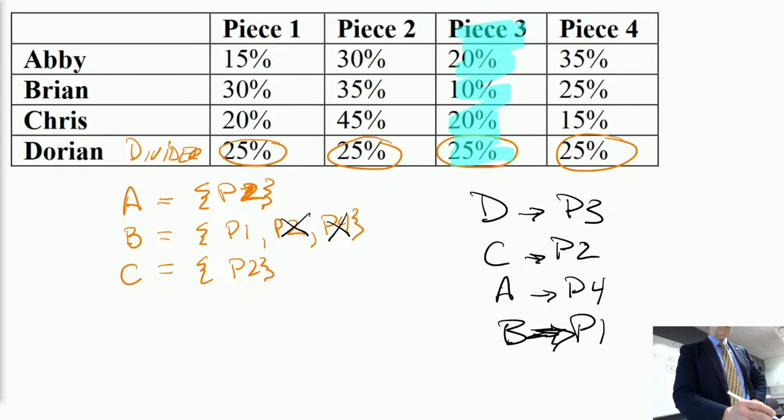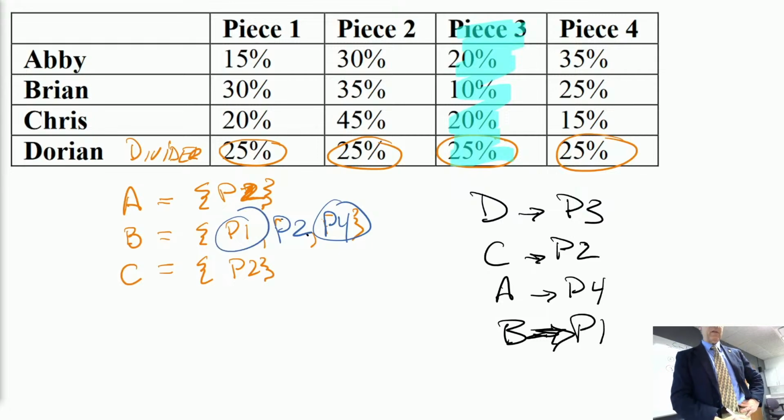Then what you would do is the same thing that you would do in the case of 3 people when the chooser and the 2 dividers can't decide. I don't know if this is piece 2 and piece 4, is that right? Anyway, you would just pick one of the 2 unacceptable pieces and then lump the other 2 together. Would that work?